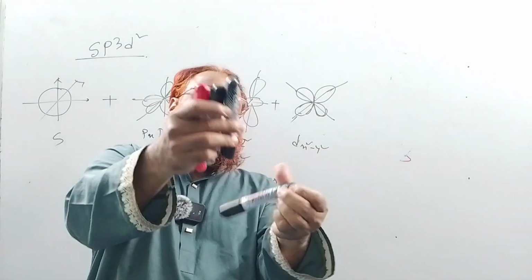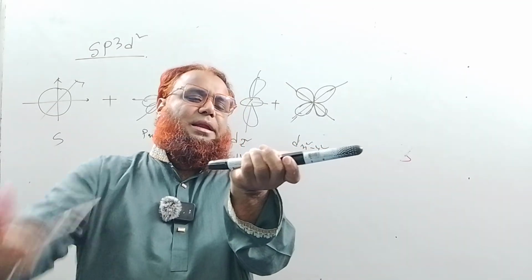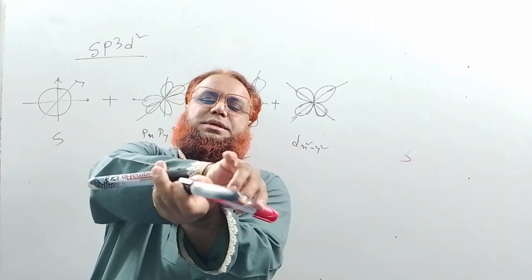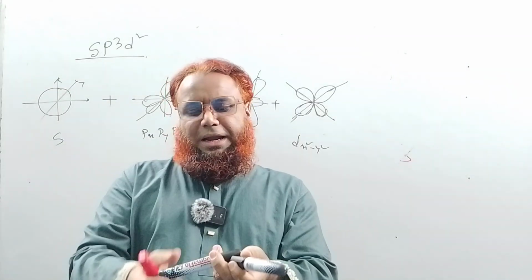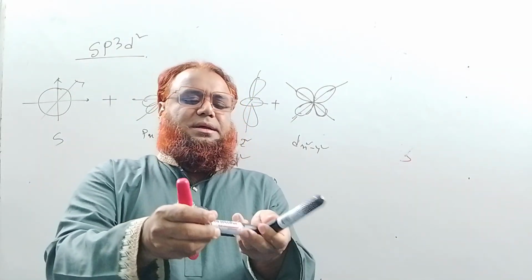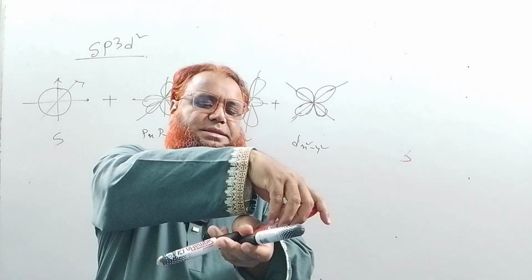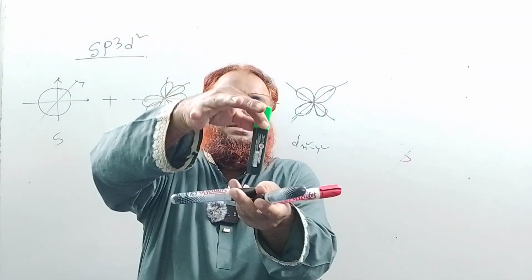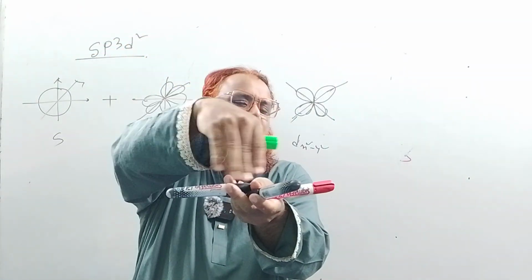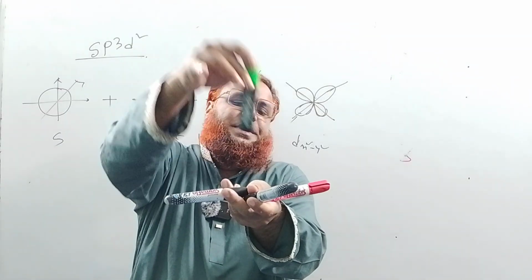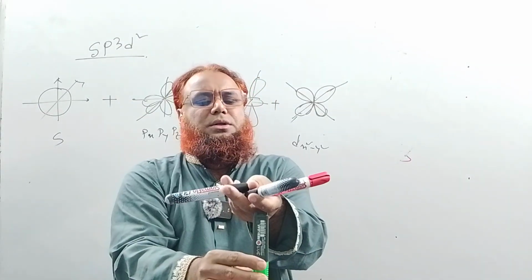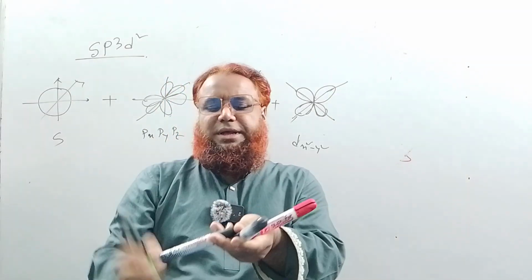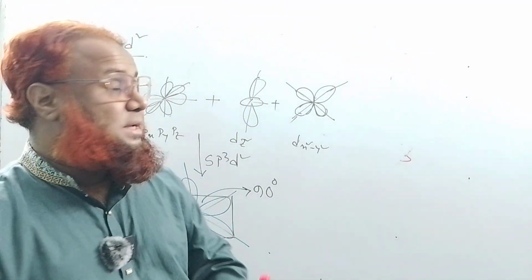For example, it is a straight line and now here is a crossing, so it is 90, and here another crossing, so it will be 90, and this bond angle is 90, and perpendicularly another orbital is here also 90. So, all these bond angles here make 90 degree.